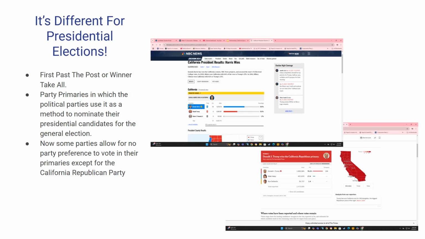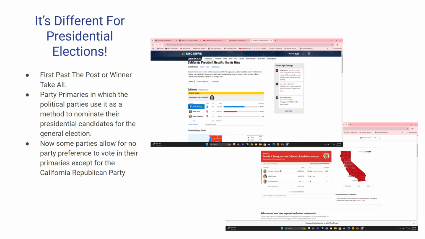So, it's usually whoever gets the most votes in that party's primary will win that state's presidential primary and take all the party's delegates. So, if you're a Republican voter in California, you only vote in the Republican presidential primary. And if you're a Democrat, you only vote in the Democratic presidential primary.